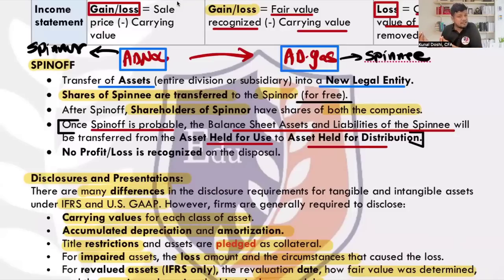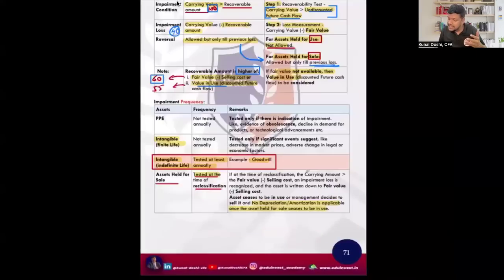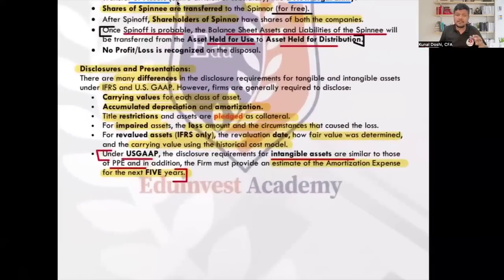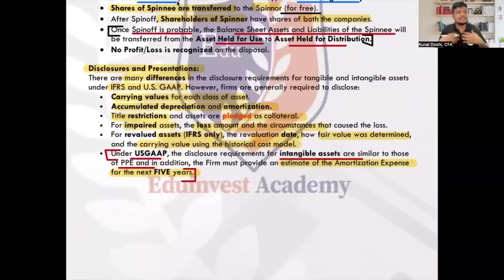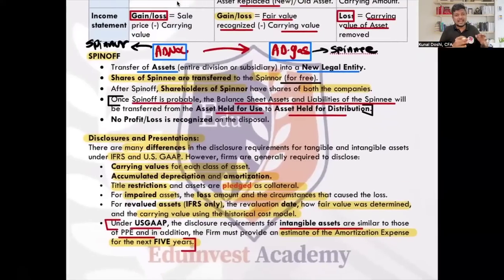Why? Because sale is profitable, distribution is free. So I will reclassify the asset. Like I showed you, you need to reclassify the asset. I mean the spinner, ADNOC, will reclassify the asset from asset held for use to asset held for distribution.